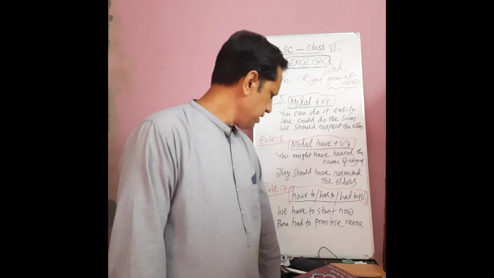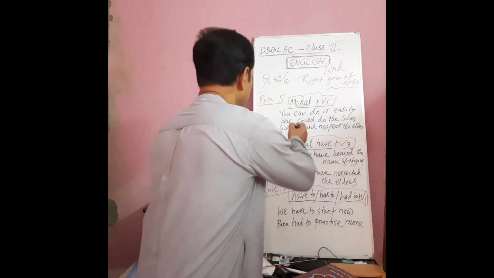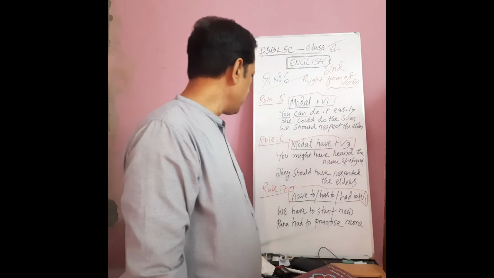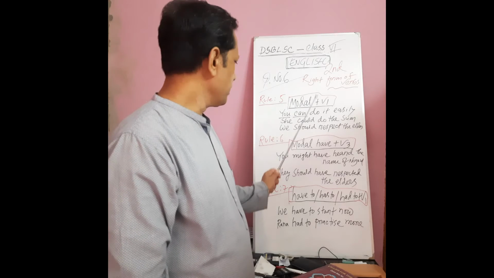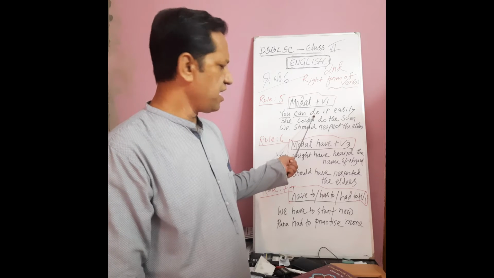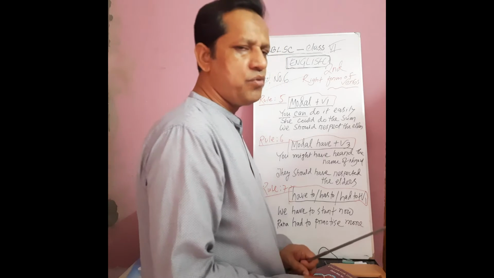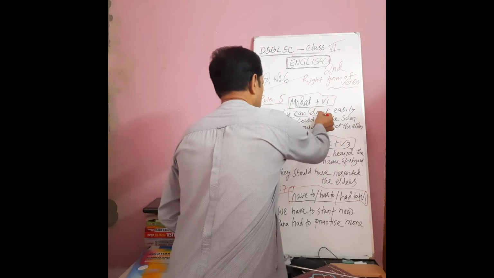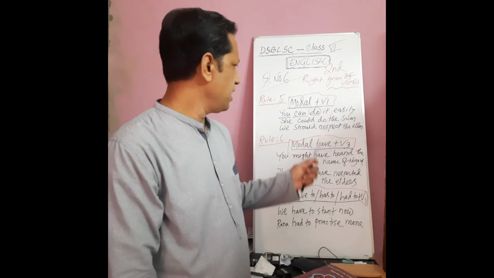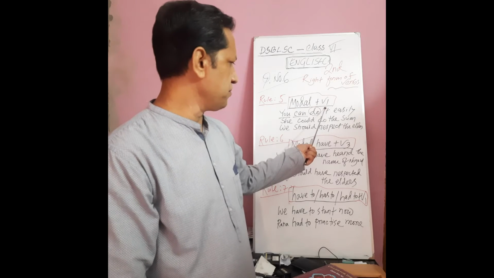So here, if you look over the sentences, you can see the subject you, can is a modal verb, and after can I have written do, and do actually is the V1 form. So we can tell that after modal verb should be V1 or present form.